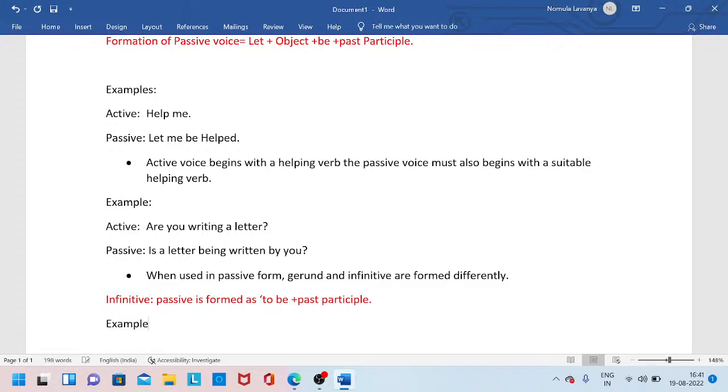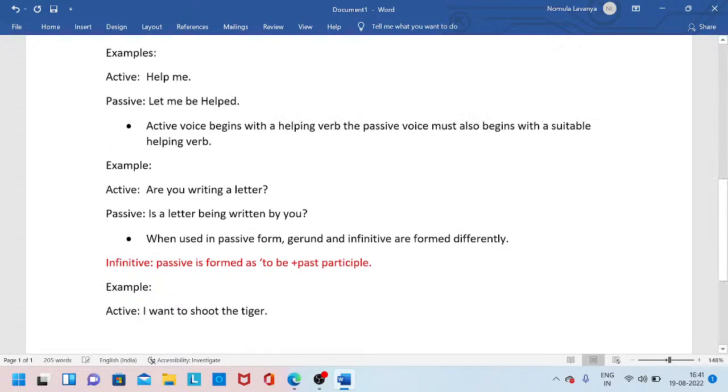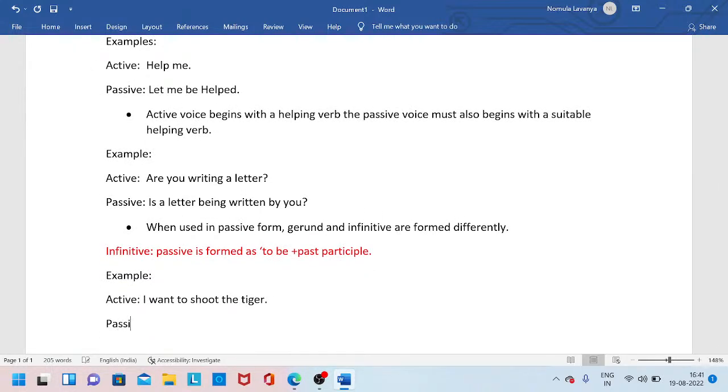For example, in active, if you see, I want to shoot the tiger. So this is active. In passive, I want the tiger to be shot.